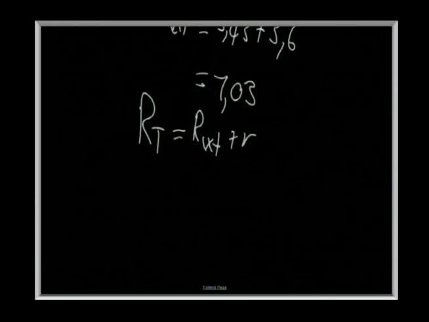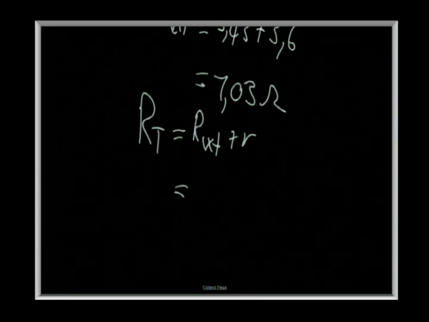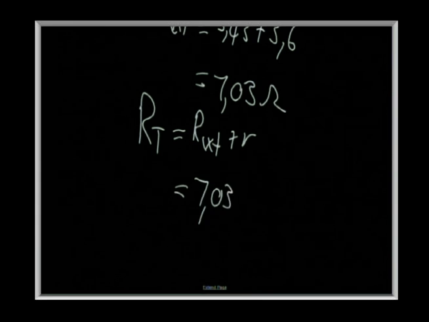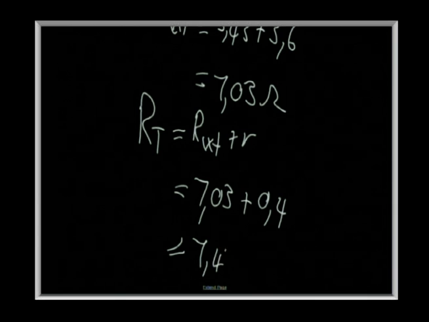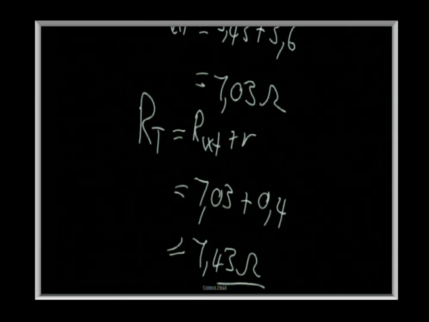The little r hasn't changed. This should be ohms. 7,03 plus 0,4, and I hope you can see that your prediction should be coming true, that this is 7,43 ohms.